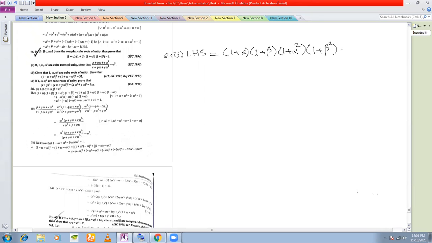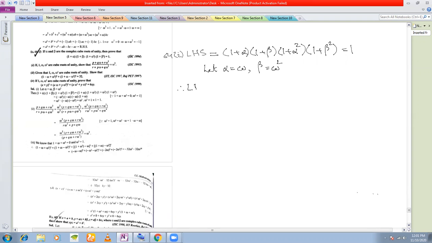So what are the complex cube roots of unity? Omega and omega square. They are the cube roots of unity. So what you do here is you substitute alpha is equal to omega and you substitute beta is equal to omega square. Okay, because omega and omega square are the cube roots of unity.